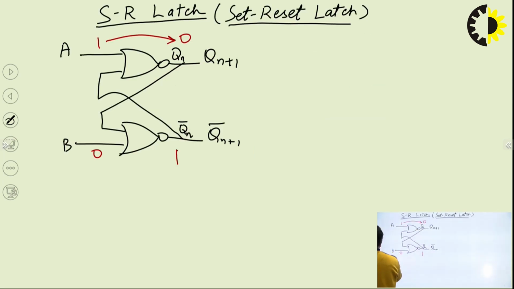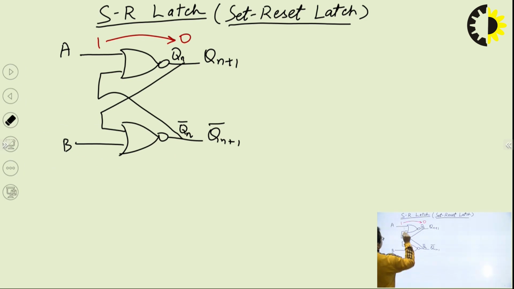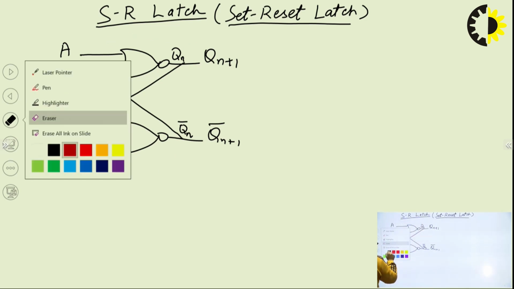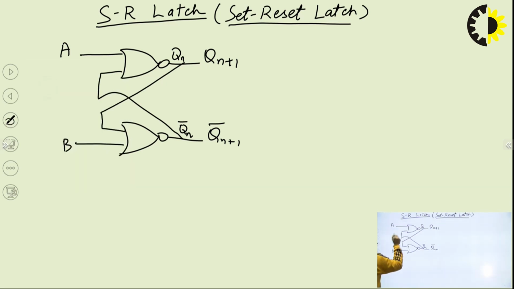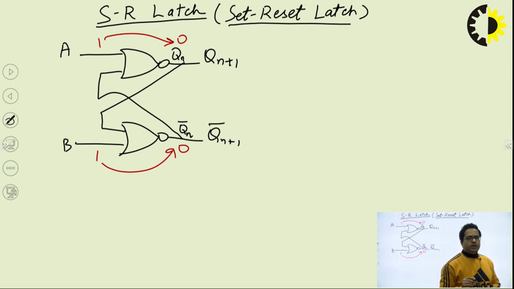Let us try to visualize the third possible combination in which I can get 1. So both inputs are 1, 1. If both are 1, 1, obviously it will be 0, 0. So that means Qn plus 1 is 0, as well as Qn plus 1 complement is also 0.